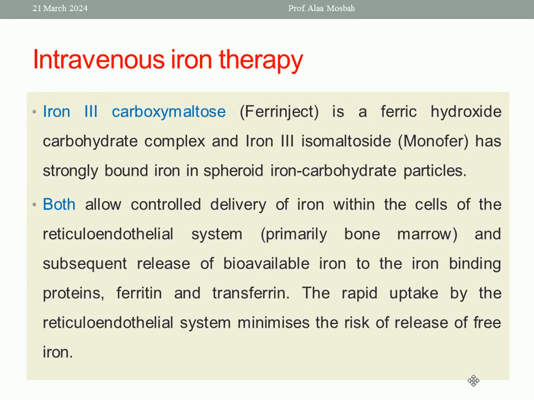Both allow controlled delivery of iron within the cells of the reticuloendothelial system, and subsequent release of bioavailable iron to the iron binding proteins, ferritin and transferrin. The rapid uptake by the reticuloendothelial system minimizes the risk of release of free iron.